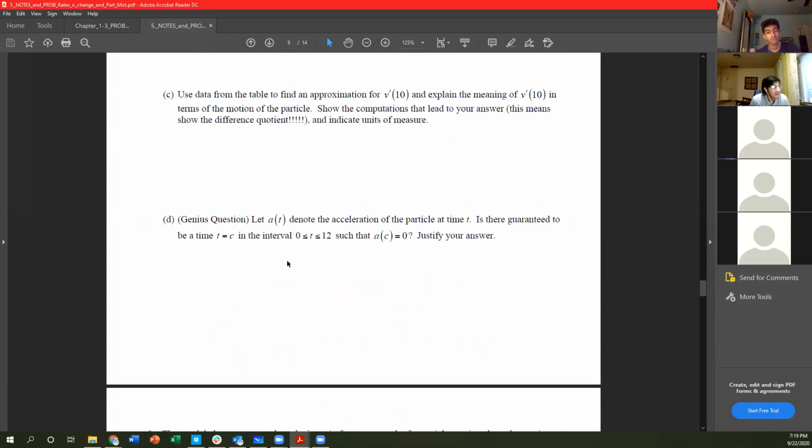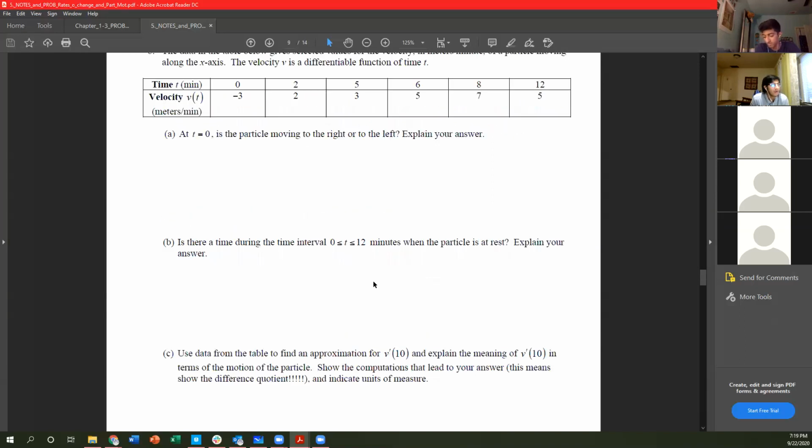And then, genius question: is there guaranteed to be a time such that the acceleration equals 0? If you take the rate of change between this point and this point, I think there's a point where it will equal. Yeah, there is.